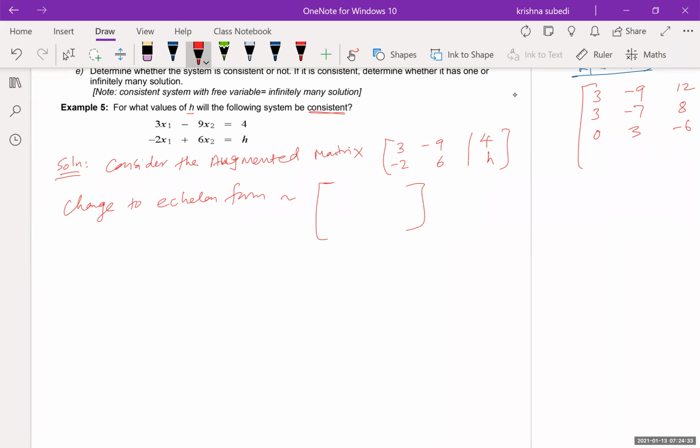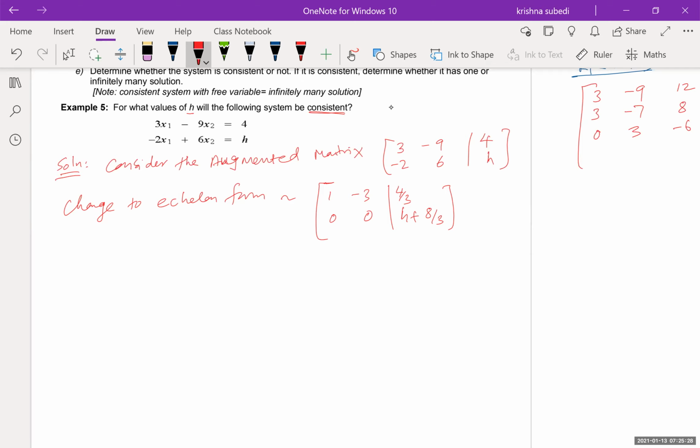So take a few minutes and try to change it into echelon form. This is what I got, changing into echelon form.